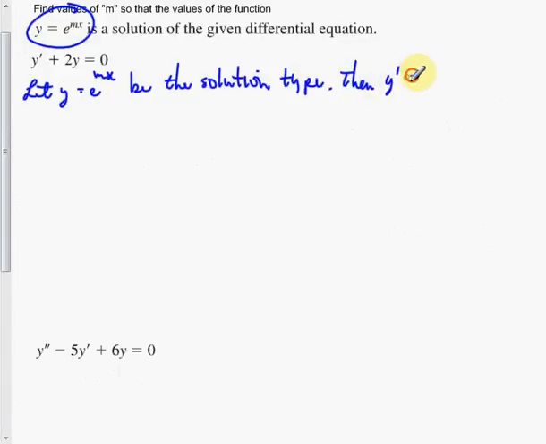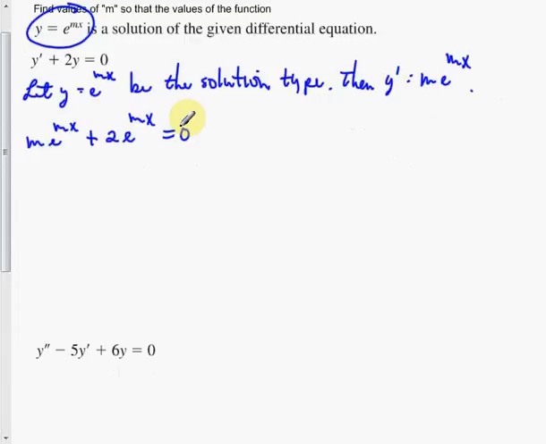Then y prime is equal to m times e to the mx. We only have one derivative, so we can stop there. The second problem, we have two derivatives. So I'm going to replace y prime with m times e to the mx plus 2 times y, where y is e to the mx, equal to 0.